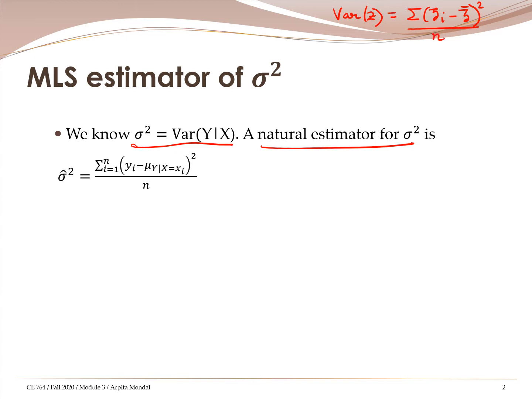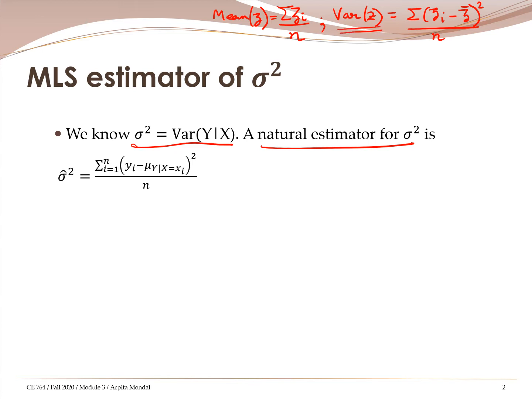If I write it as n, it would be a natural estimator, and we also know that the mean of any random variable z is nothing but the summation of zi divided by n, right? So in case of mean, the denominator is the total sample size n. We can do the same thing. That's the more natural thing to do. So that's why this is called a natural estimator of the variance.